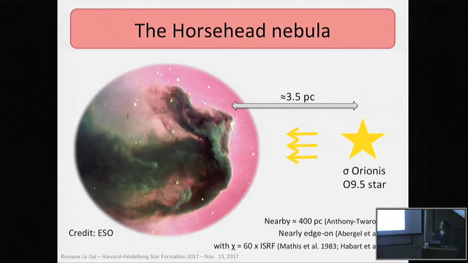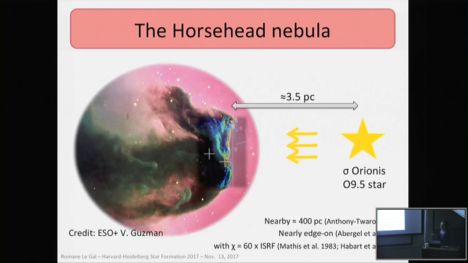It is illuminated by the Sigma Orionis star, which is situated at approximately 3.5 parsec from the edge of the Orion Bar, and it impinges the Orion Bar with a UV flux of 60 times the interstellar radiation field. So it makes this nearby photodissociation region an ideal opportunity to study the physical and chemical structure of PDRs.